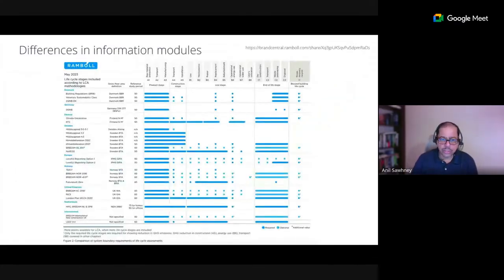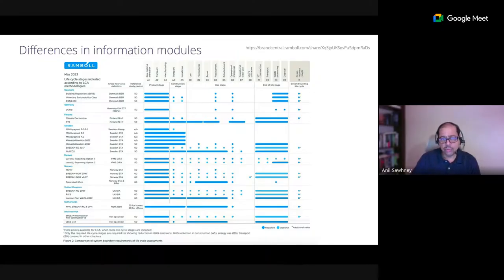So why do you need a consistent methodology for assessing carbon? As we saw yesterday at a high level, you have various information modules across which you need to calculate your emissions. Broadly, module A, which is also called product and construction stage.